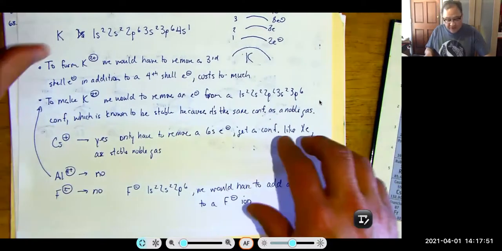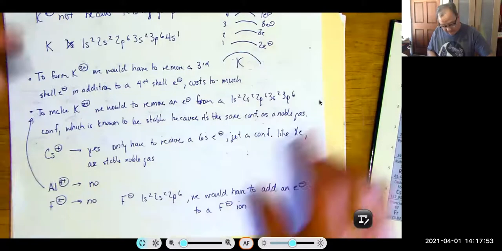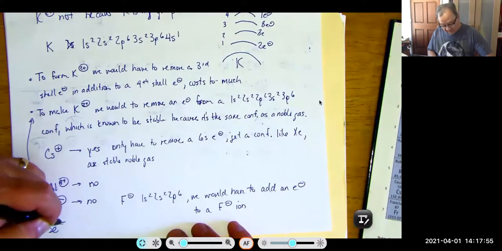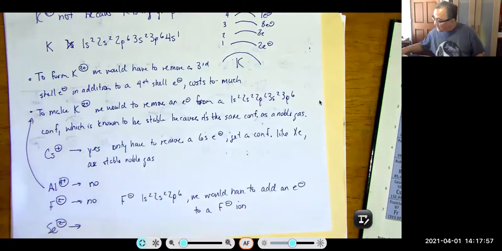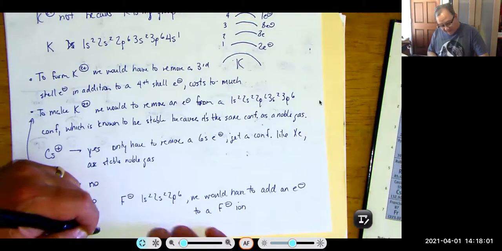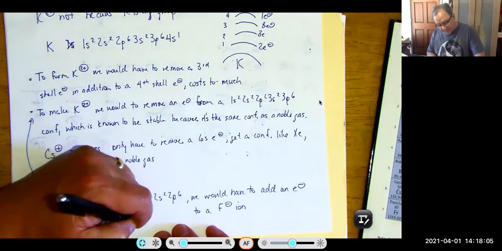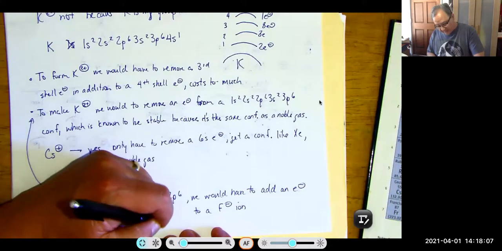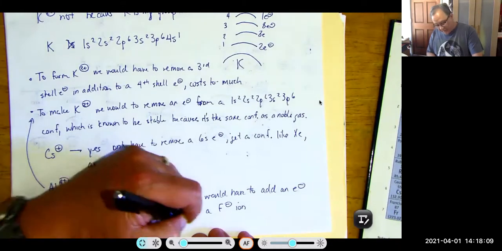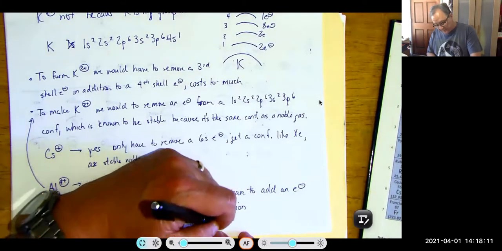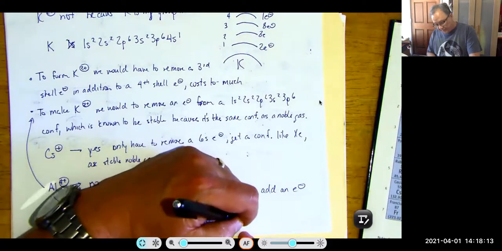Okay, and then the last one here is Se2-. So Se2-, we'd say yes, and that's because the electron configuration looks like a noble gas, which is stable.